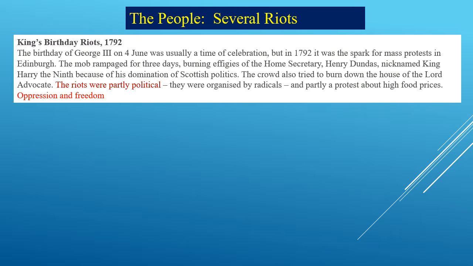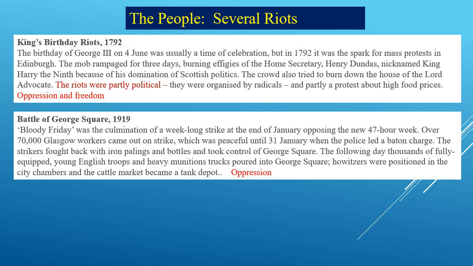As part of this riot here in 1792, it wasn't just about oppression, it was actually also about freedom and wanting Scotland's freedom back. This was purely about oppression. Have a little read.